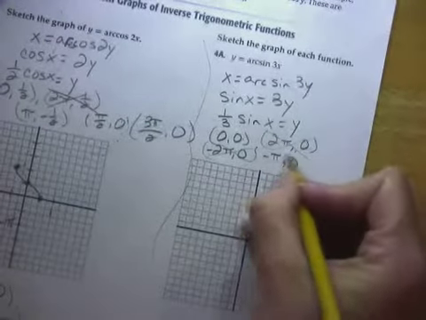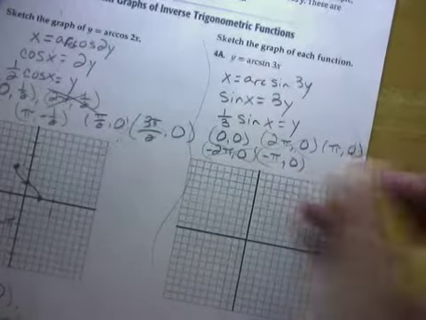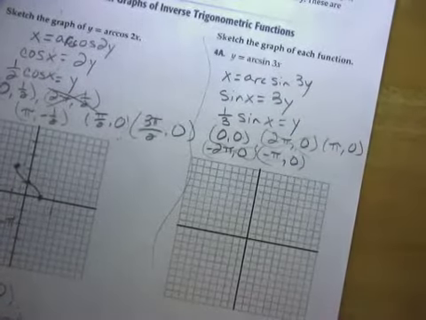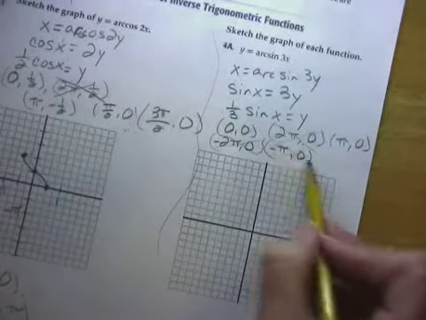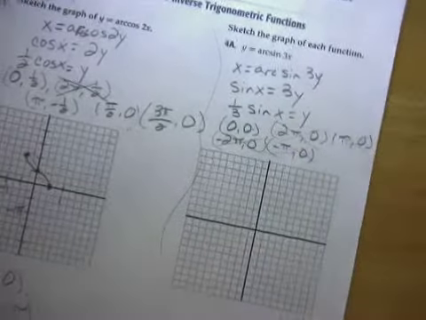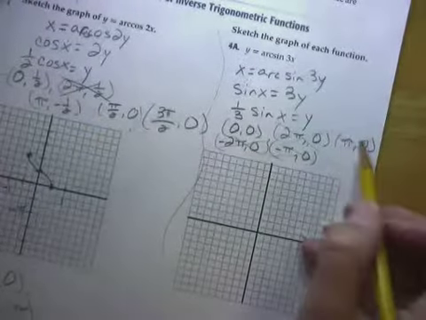-pi, 0, and we also know that positive pi, comma 0. Again, oh my goodness, all these points that we can't use. We know those are outside of our accepted domain.